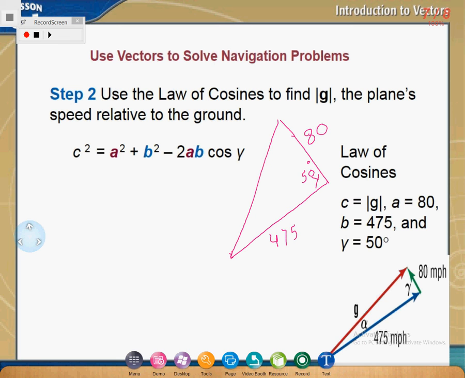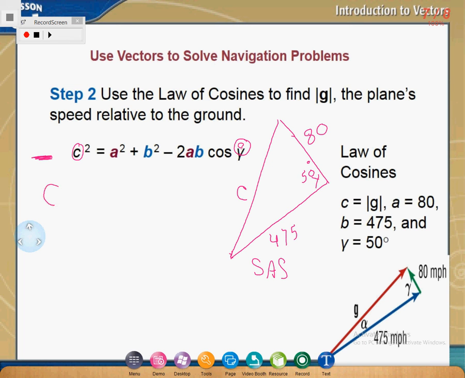My first thing to find is this, C. Now the law of cosines, if you remember, when we have SAS, side, angle, side, you apply this rule: C squared equals A squared plus B squared minus 2AB cosine of the angle. The angle between them, we call it C, because if I have angle C here, I have side C here. Do you remember this? Good, excellent.